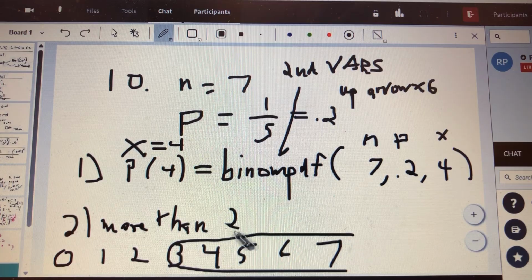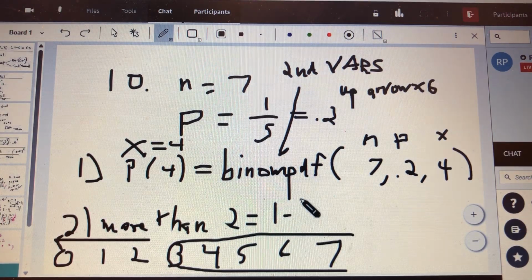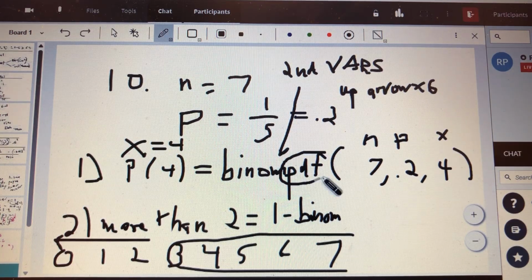So circle what the question's asking for, 3 or higher, and then I have to do the opposite of that and go down to 0. That's how the calculator was built. It could only go down to 0. If it's going the wrong way and you have to turn around just so you can go down to 0, then you put 1 minus, and these are all binomials. You only put PDF when it's just 4, but as soon as it's any kind of inequality, you put CDF.